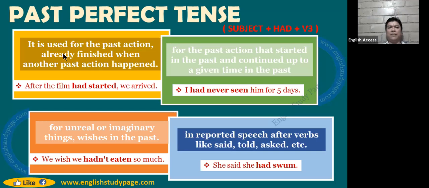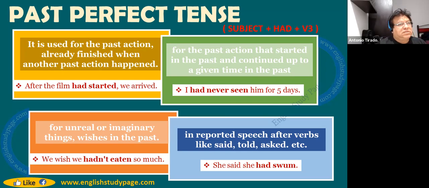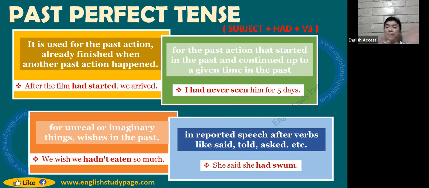We use the past perfect tense for a past action already finished when another past action happened. So when we have two events in the past, one is older and one more recent. We're going to see that again.